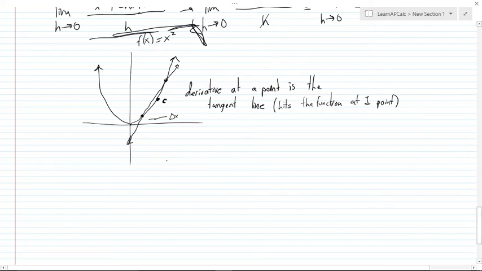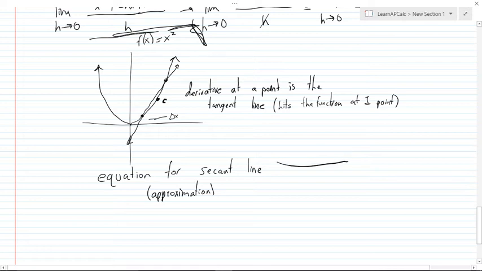So the equation for the tangent line, or I'm sorry, the secant line, which is our approximation, is we have rise over run. So here we're going to call this f of x.